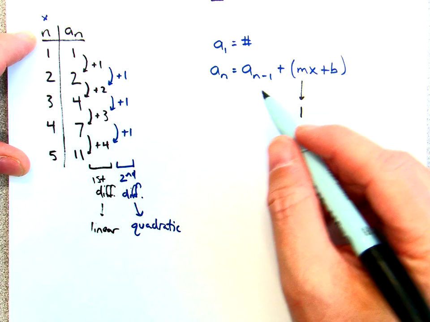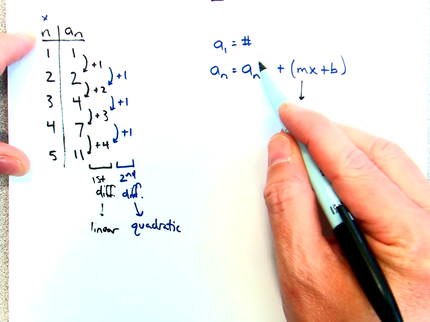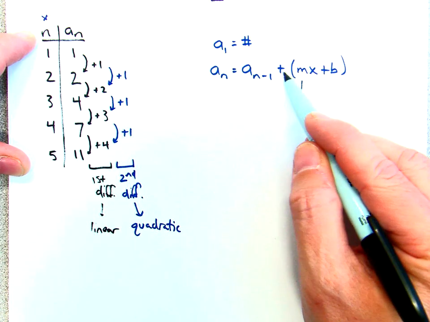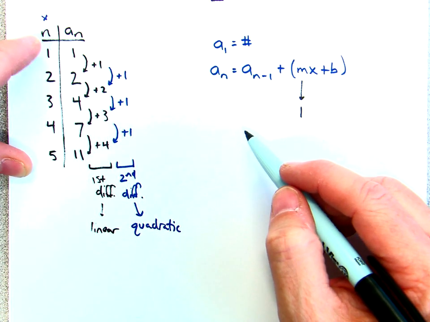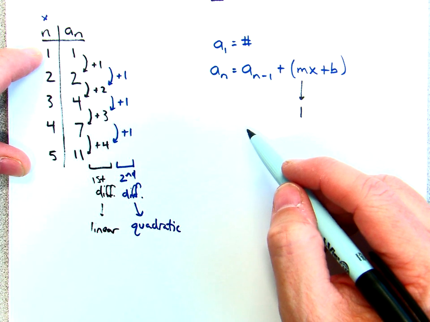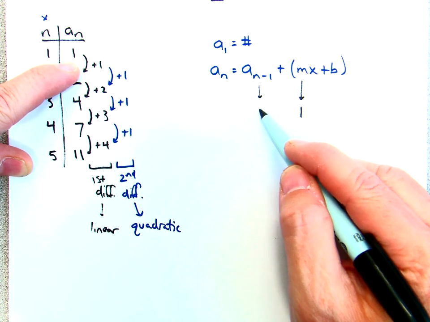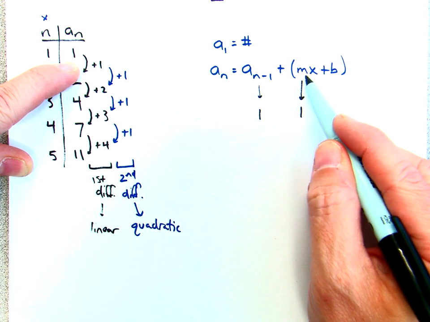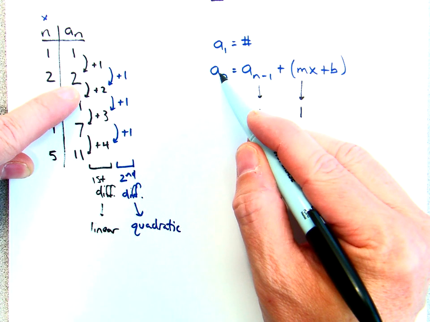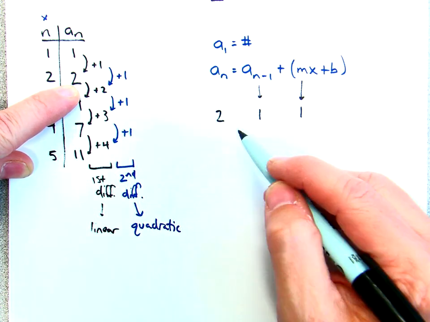Okay. Now, the way the sequence worked was we can take a value, add something to it to get to the next value. So, for instance, the value of the first term was 1, so if I wanted to take the value of the first term, I can add something to that to get to the next term, which would be the second term. So the value of the second term is 2.